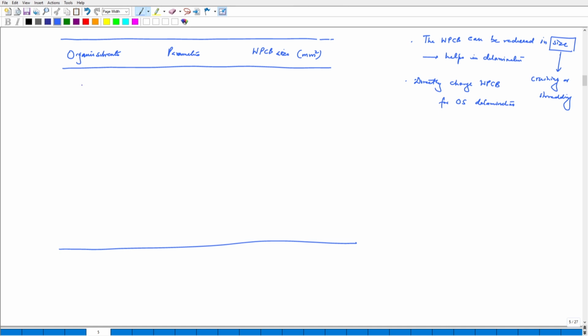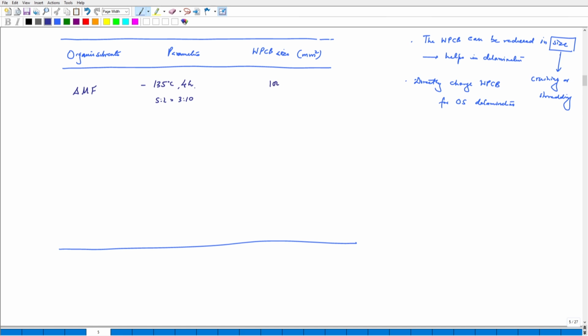So in case we are using DMF, we have, let's say, two cases, 135 degrees Celsius for 4 hours. S by L, basically solid is to liquid ratio is 3:10.